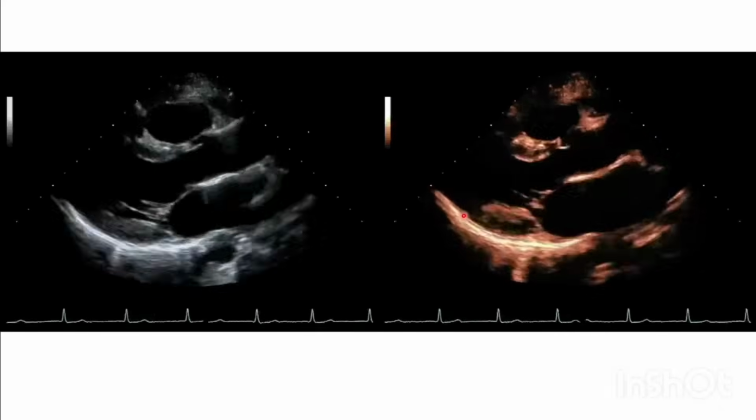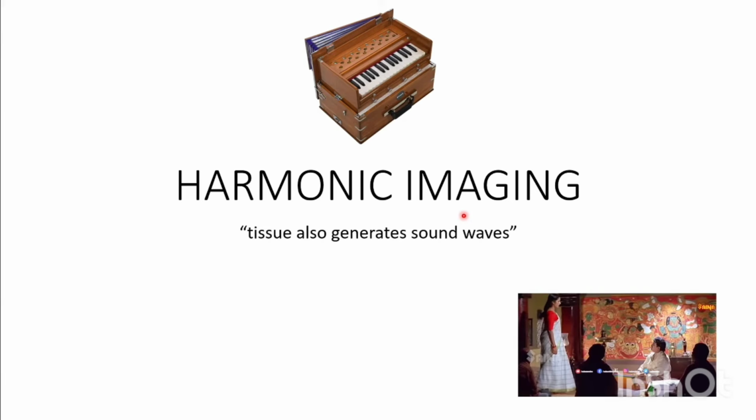Next is harmonic imaging. We know the harmonium, and this is the principle of harmonic imaging that we have to know. Generally, when we send in an ultrasound beam, the tissue reflects and sends back an image. But sometimes the tissue on which the beam strikes will itself generate a sound wave that is different from the sound we have sent in.